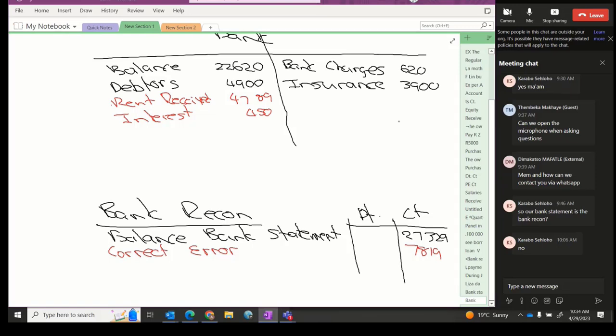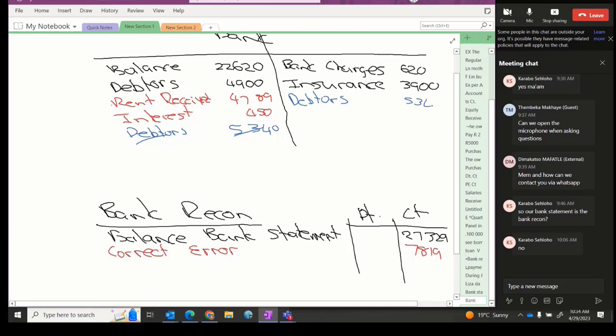It was done like this: 5340 that you received from the debtors. But then the bank says it seems like he paid you money, but there's no money there. So you have to cancel this. So you have to write it back.